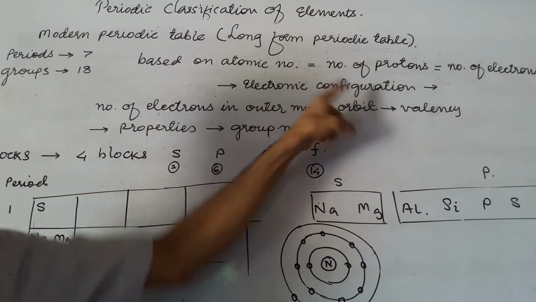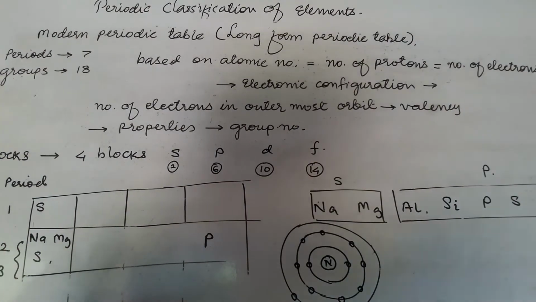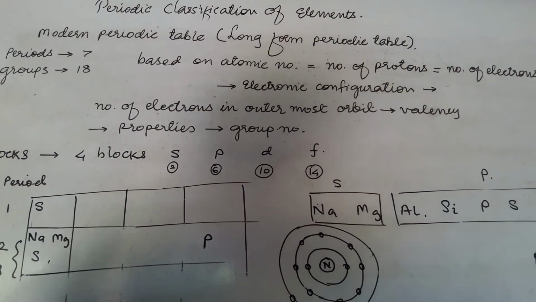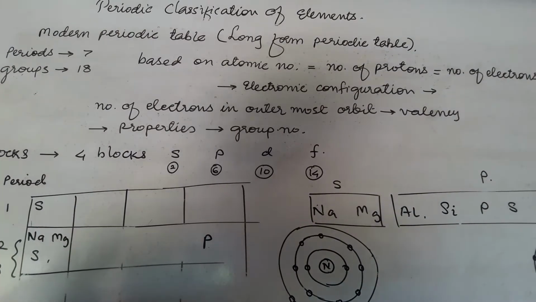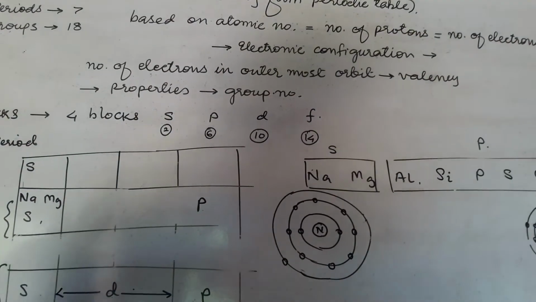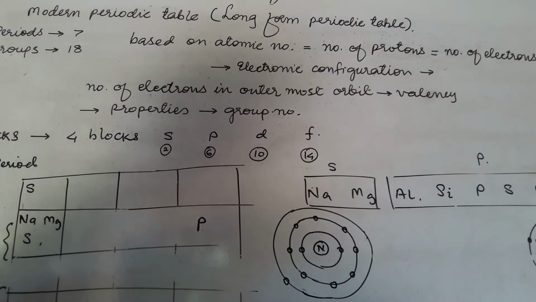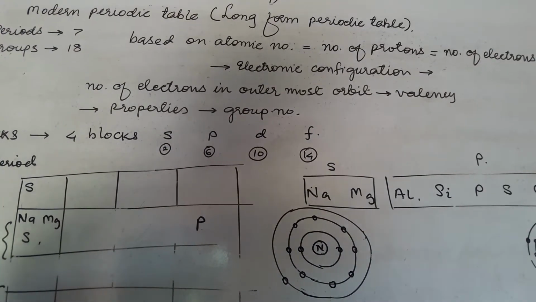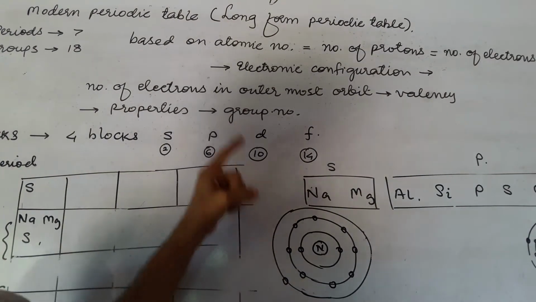As we get the electronic configuration, we separate the electrons in various orbits: in the first orbit 2, second orbit 8. In this way, we find that in the last or outermost orbit, some electrons remain. Accordingly, the property of the element is the number of electrons in the outermost orbit, and that is called valency.